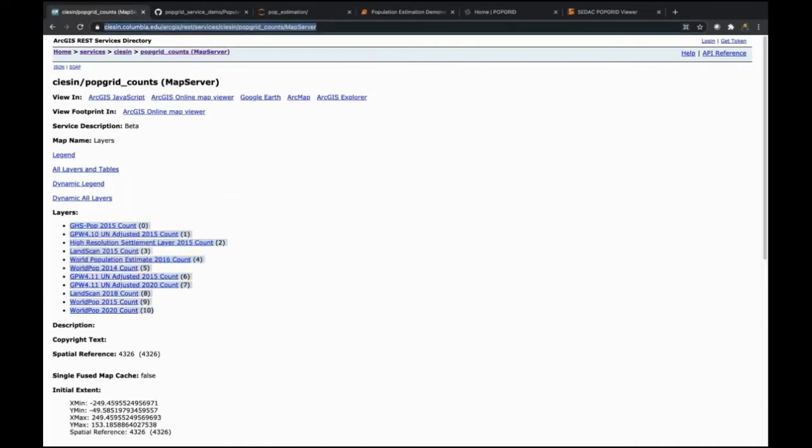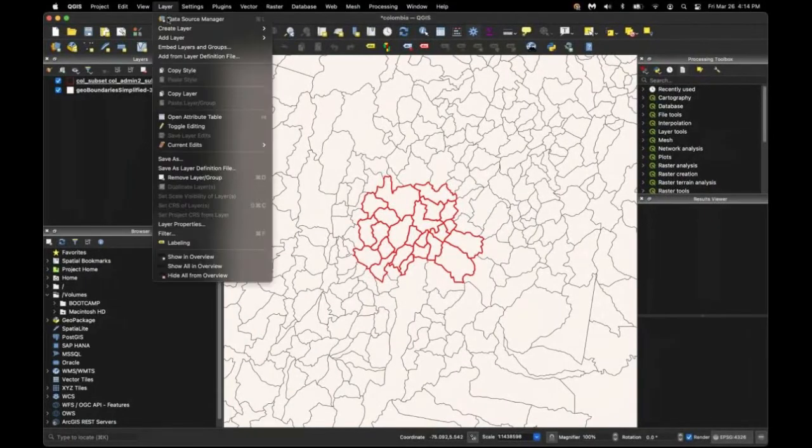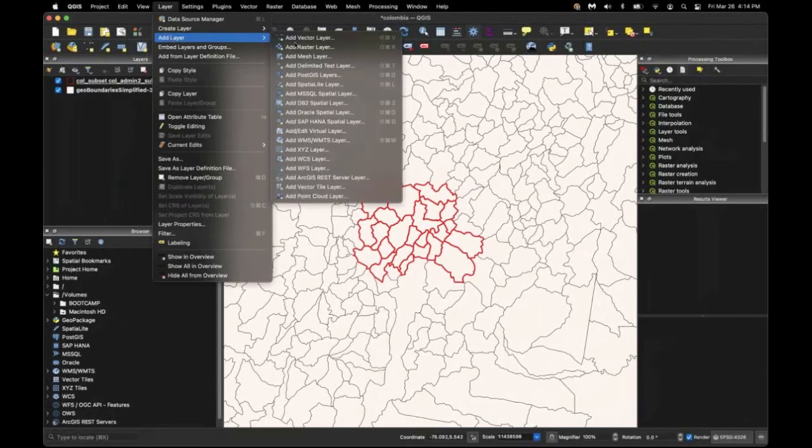What I can do simply is copy this URL, and in QGIS we can make a connection to that URL. So if I go to layers and add a layer, I can add an ArcGIS REST server layer. And that's just what I was looking at in the web browser, the REST interface for ArcGIS server.